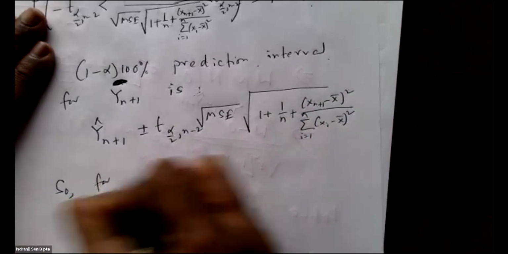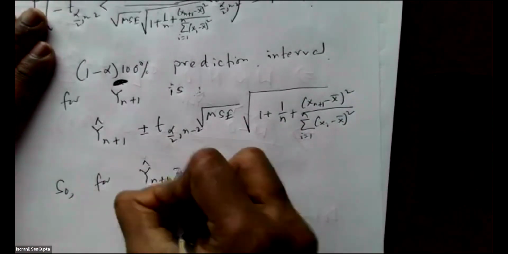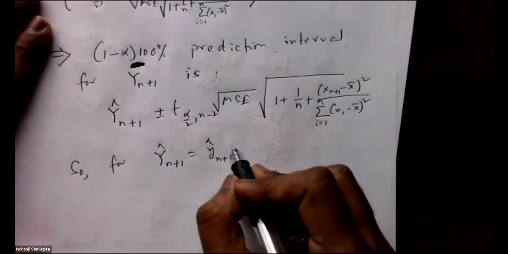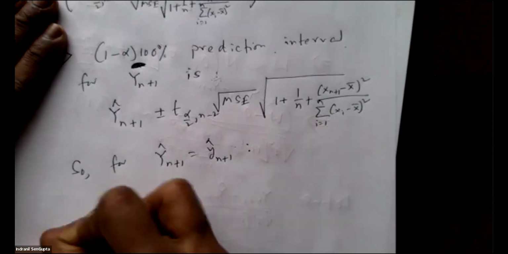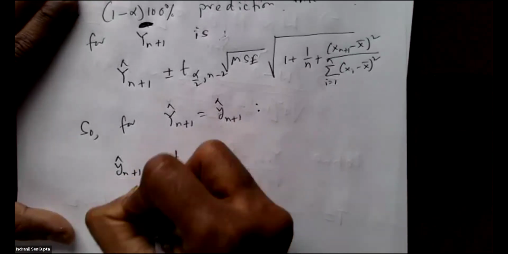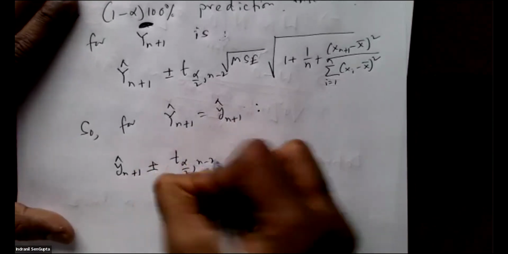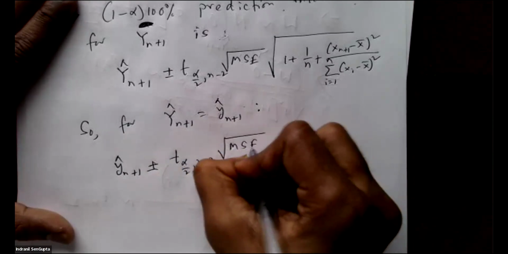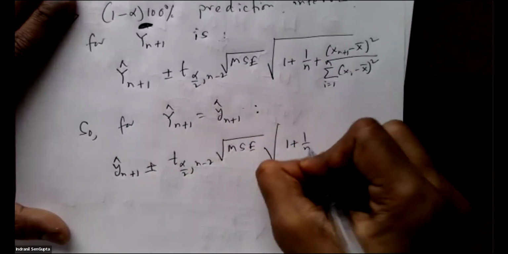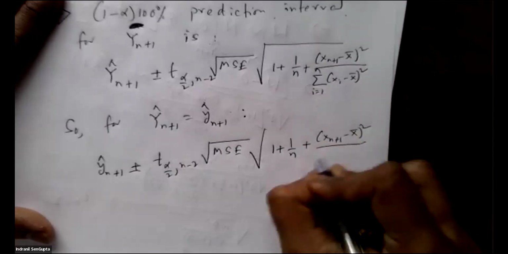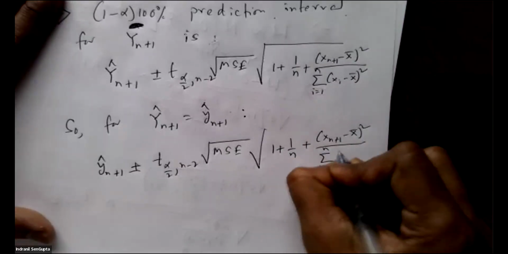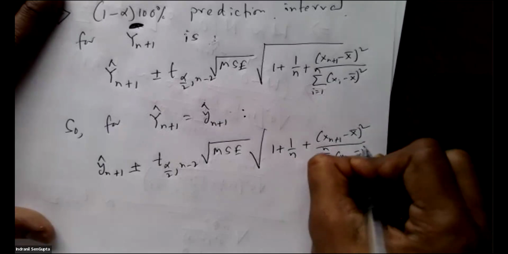So suppose we compute this value and we know this value. So this is given by y_{n+1} hat, that's the computed one, plus or minus t alpha over 2, n minus 2, square root of MSE times 1 plus 1 over n plus (x_{n+1} minus x bar) squared over the summation i from 1 to n of (x_i minus x bar) squared.